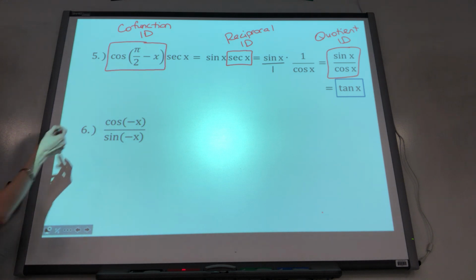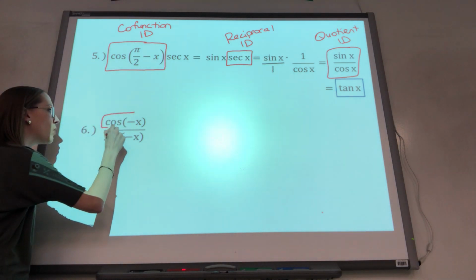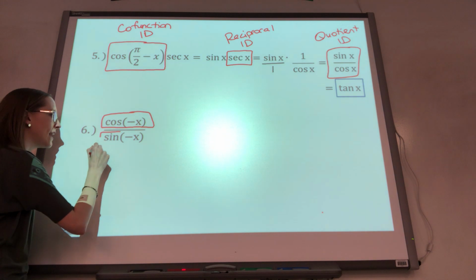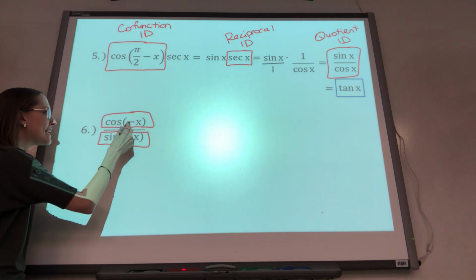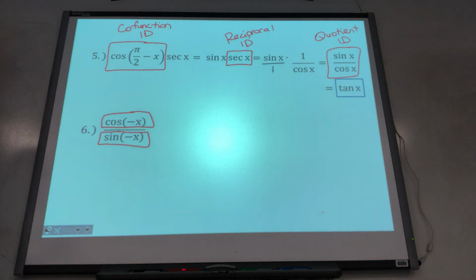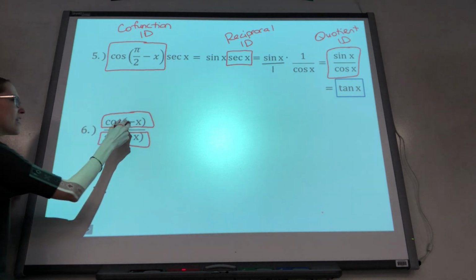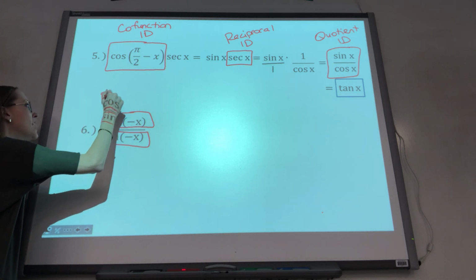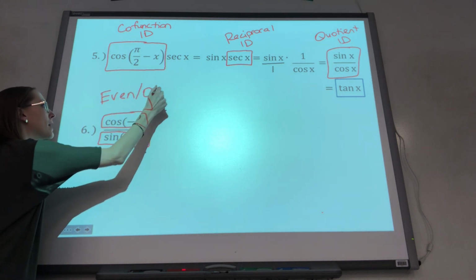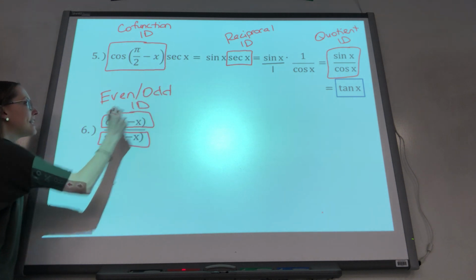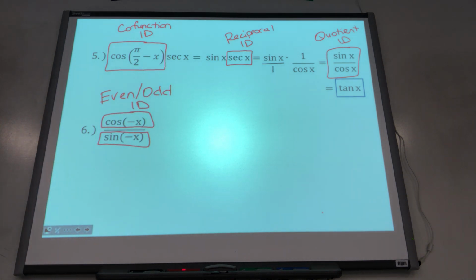I haven't had that yet today, but I like what I see because anytime I see negative x or negative theta or anything with that negative sign, I'm going to go to the very bottom of handy dandy, and I'm going to try to match that up to an even or an odd identity.